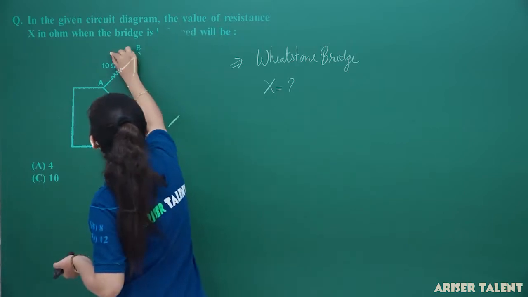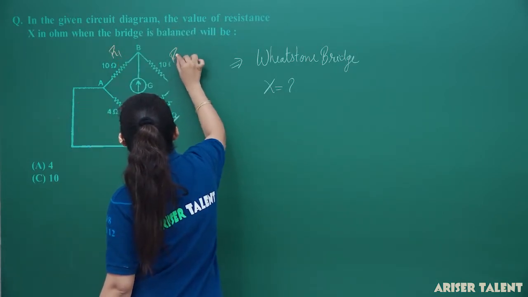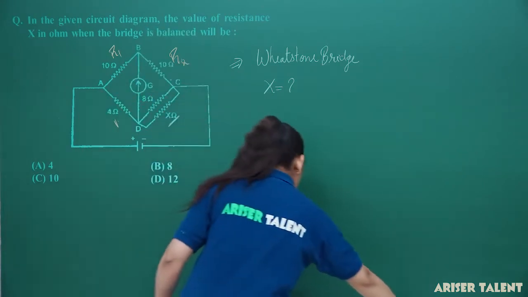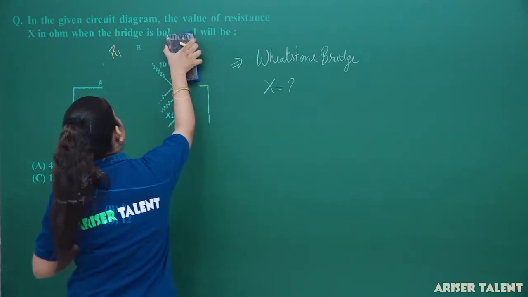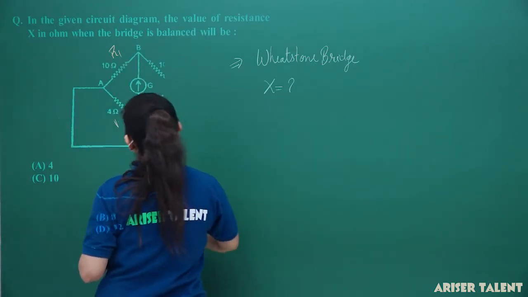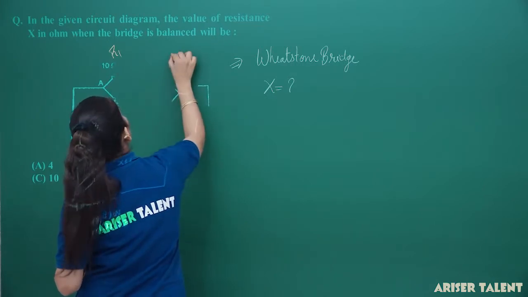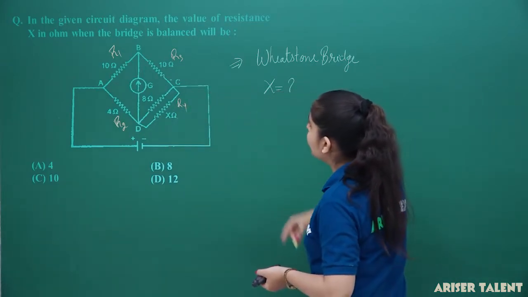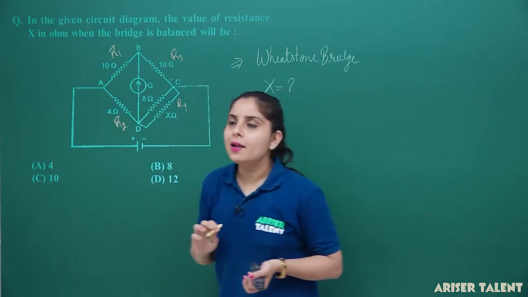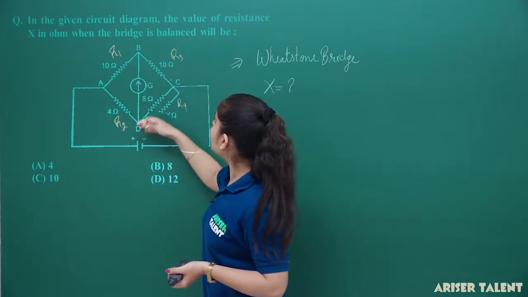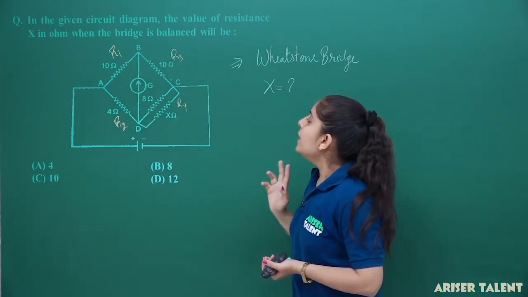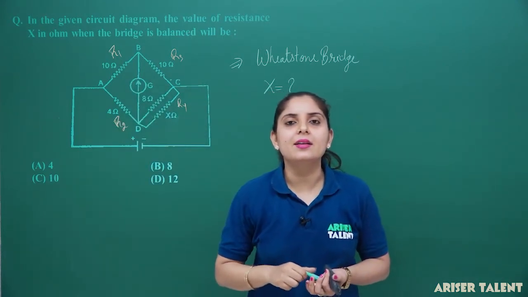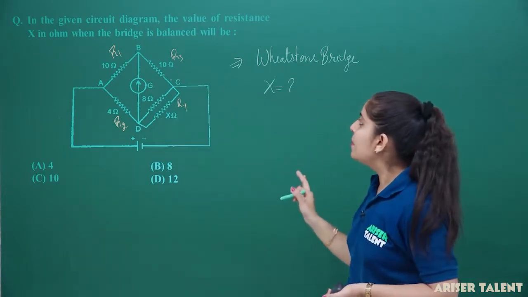Suppose I denote these resistances as R1, R2, and this is R3, R4. You can name them as you like. If the resistances in the adjacent arms have the same ratio, the condition is a null deflection. It means the bridge is balanced.